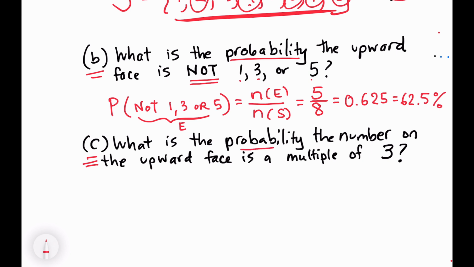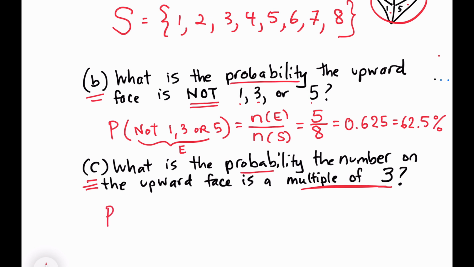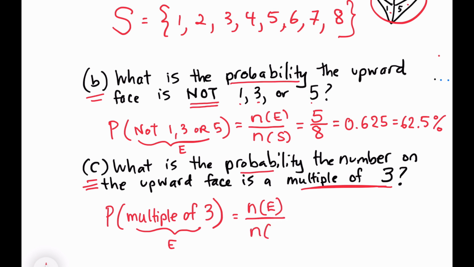Okay, let's move on to the next question. What is the probability the number on the upward face is a multiple of 3? Okay, so let's just call this event E. That's going to be the number of things in the event E, and we know there are 8 things in the sample space.